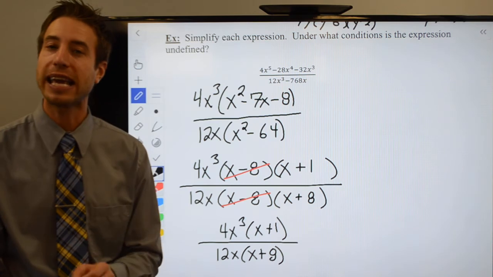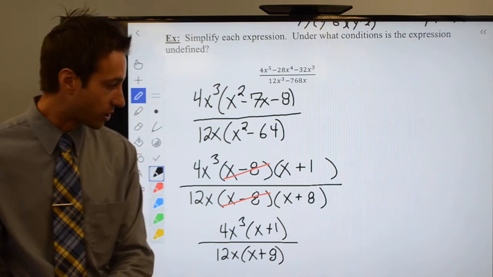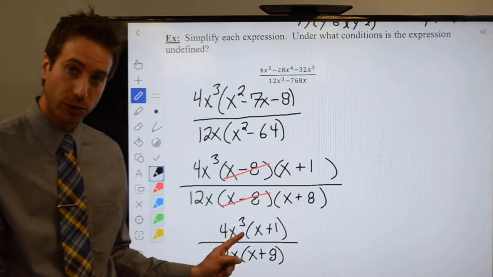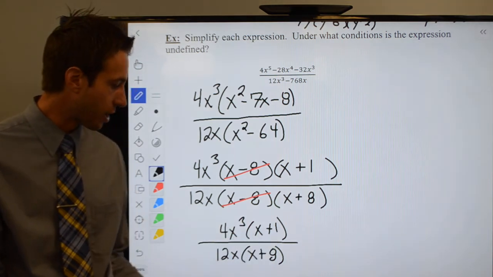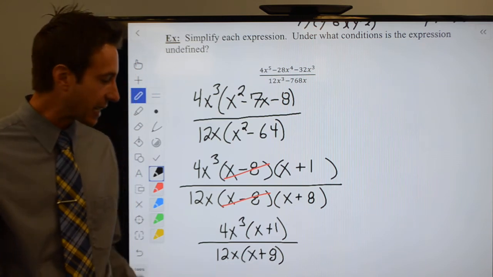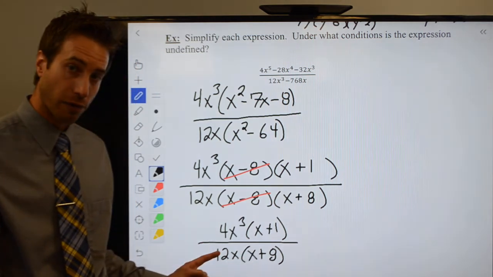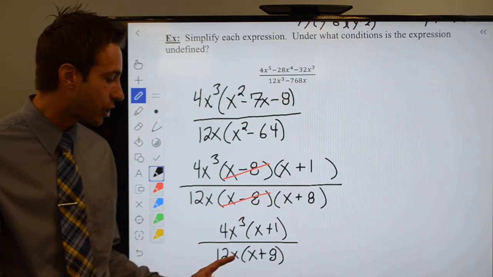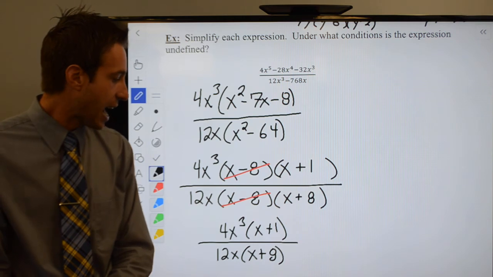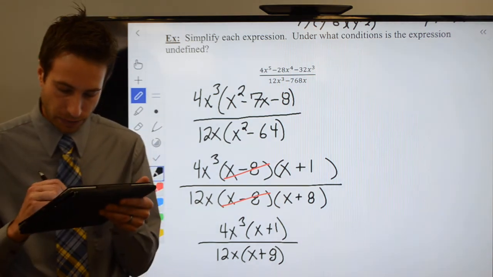Now, you cannot cancel through addition or subtraction. However, this 4x cubed is multiplied by the quantity x plus 1, and the 12x is multiplied by the x plus 8. That means I can reduce the 4 and the 12. I can reduce the x cubed and the x, right? I can reduce those guys. And so that's what we'll do.